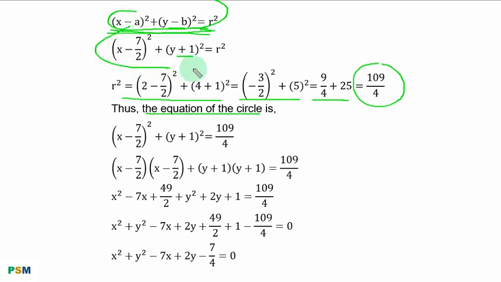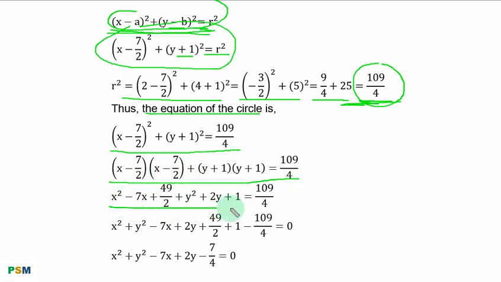Precisely, let's take it from here, since a and b are already replaced. You replace r square with 109 over 4. You simply replace it, you have it in this form. You simplify the powers. Next thing to do is to expand. When you expand correctly, you have this result.